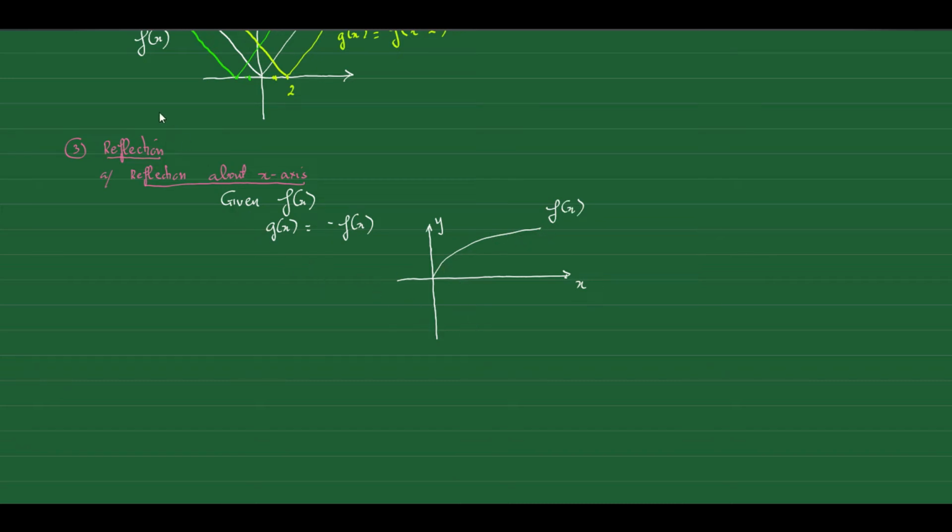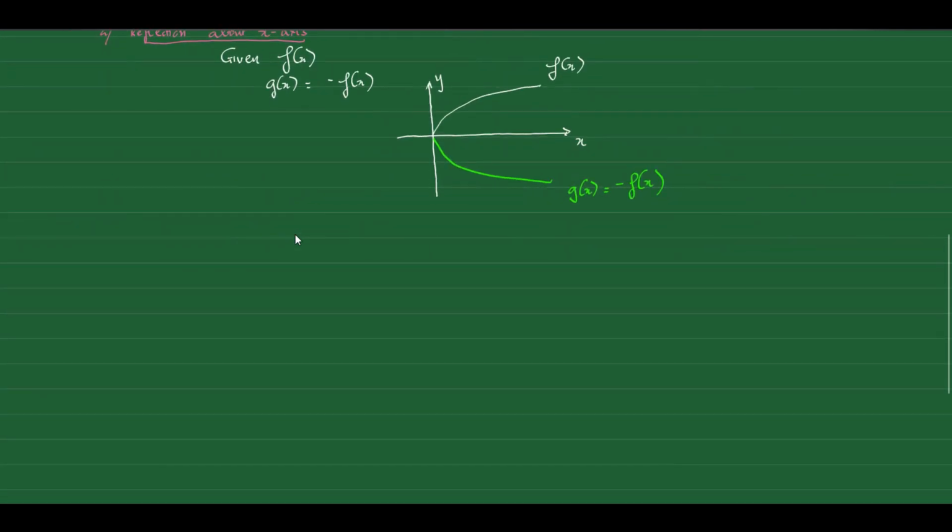And I can obtain the new function g of x by mirroring the f of x over the x-axis. So I'm gonna mirror them. There you go. This is g of x by putting a negative in front of f of x. So that's the reflection about the x-axis.